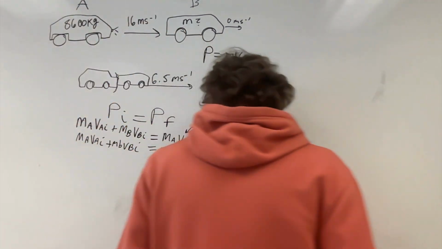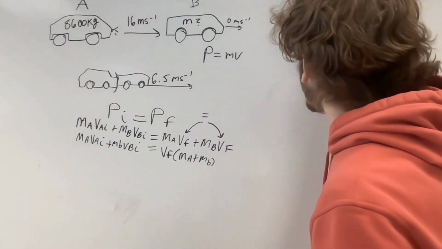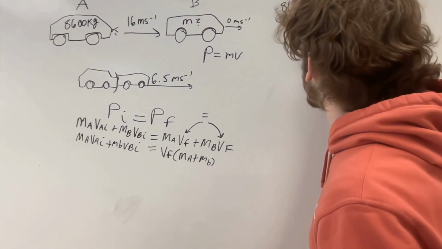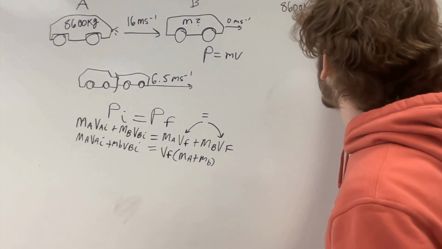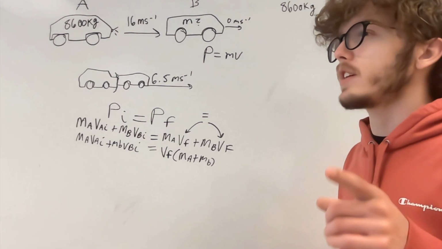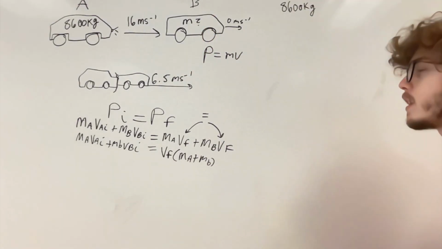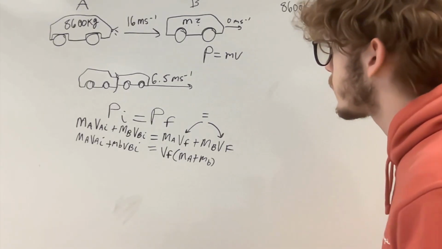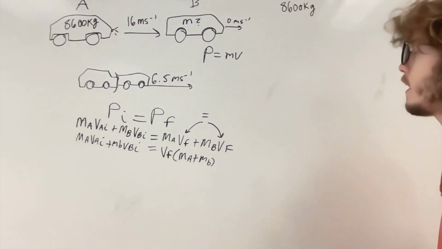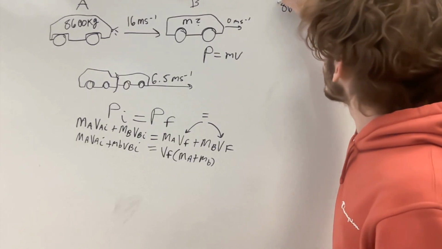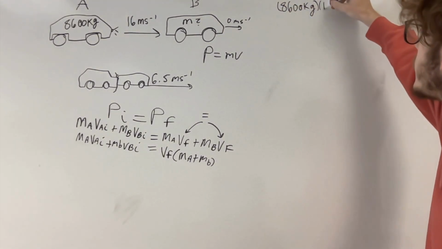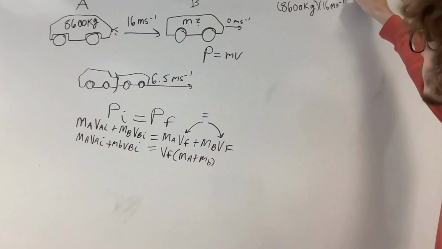Now let's begin to solve. So we know the mass of A is 8,600 kilograms. And by the way, I don't know if I said this, you're asked to solve for the mass. Hope that was somewhat obvious. And if you're watching this video, you're probably looking for an answer. So sorry about that. So that mass times its velocity of 16 meters a second, right?